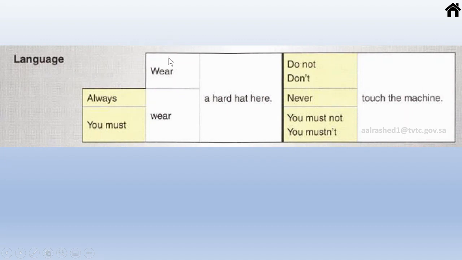After that, we need to put the verb. And finally, what you are asking to do. For example, the first one, always. So it means 100% of the time you must do it. Always what? Here you need to put the order, a hard hat here.